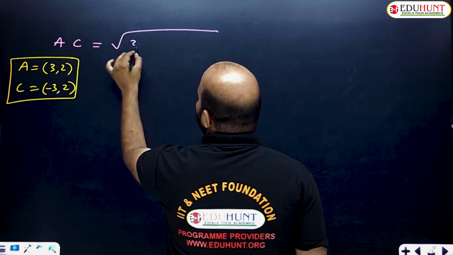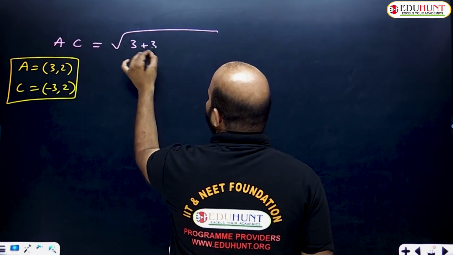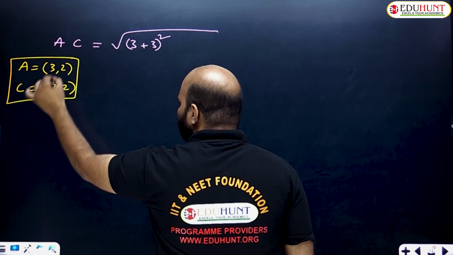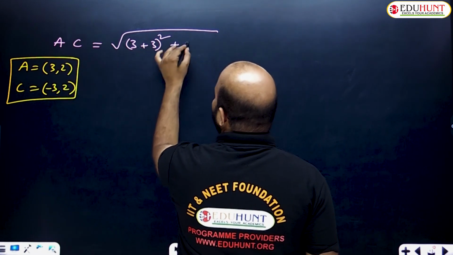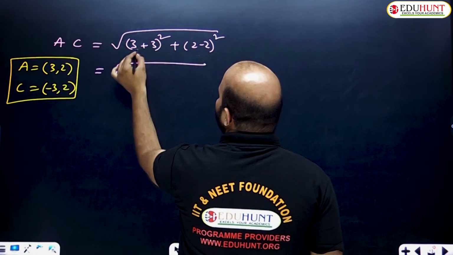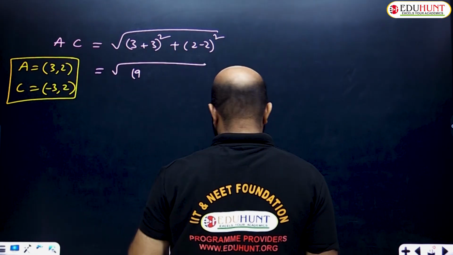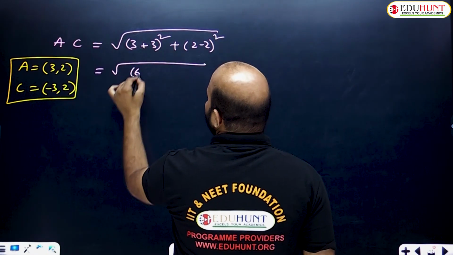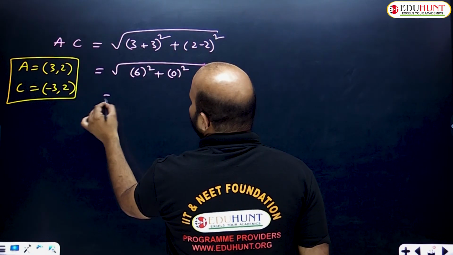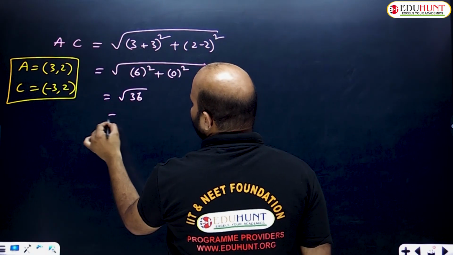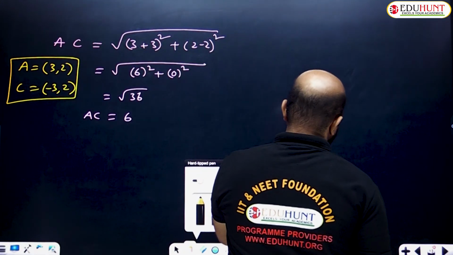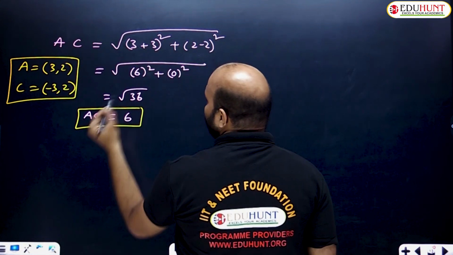So 3 minus minus 3, that is 3 plus 3, 6 whole square, plus 2 minus 2, 0 whole square. So this is 36, and the square root of 36 is 6. What is the AC distance? 6. Am I clear?